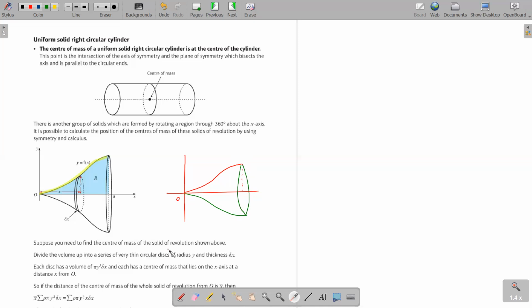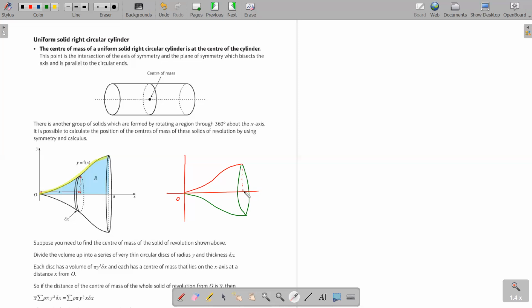So what we're going to do now in M3 is learn how to find the center of mass of an object that you create through this solids of revolution technique. One thing is really important. When you do a solid of revolution around the x-axis, the x-axis is going to be a line of symmetry, right, guys?